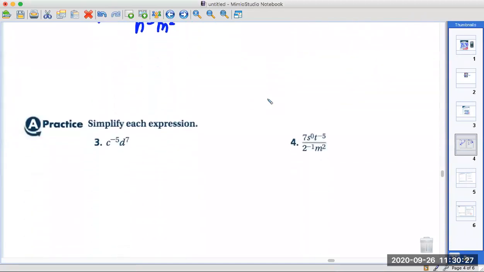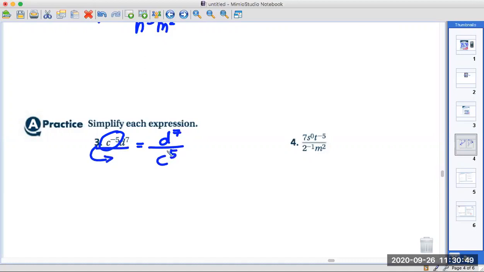And let's go to the bottom. We have a couple more. The part that needs to be moved is the negative exponent. The d to the 7 stays. Make a fraction. Always start out with a fraction. Think, what do I need to move? It's this one to the bottom, right? So that would go down here.